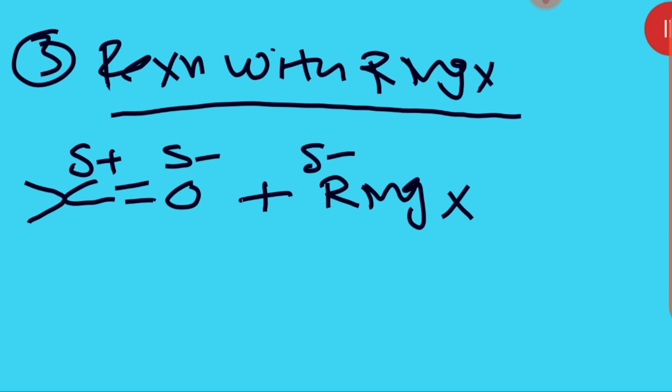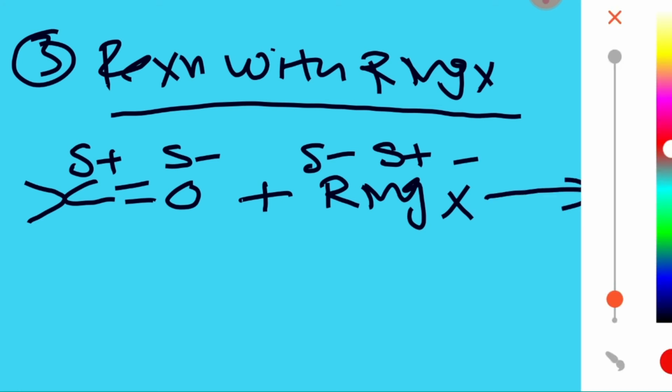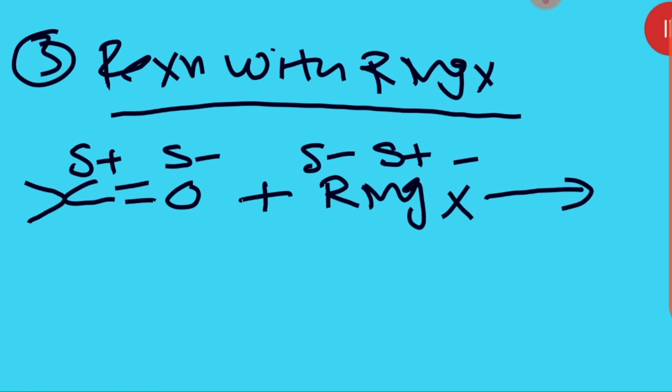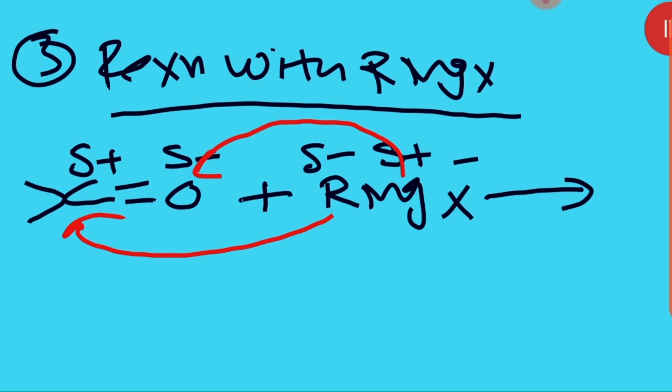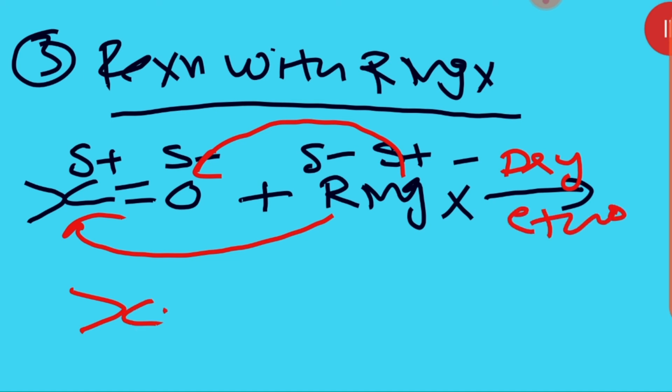R is negative, Mg is positive, X is negative. R⁻ will attach over here, Mg⁺ will attach over there. In the presence of dry ether, the product will be C(OMgX)R.